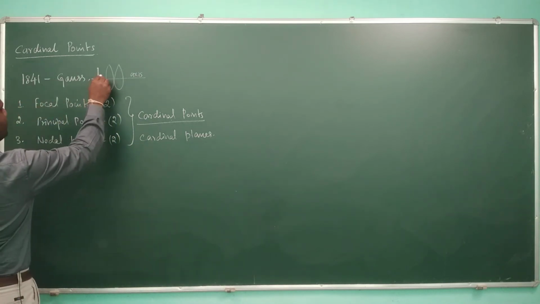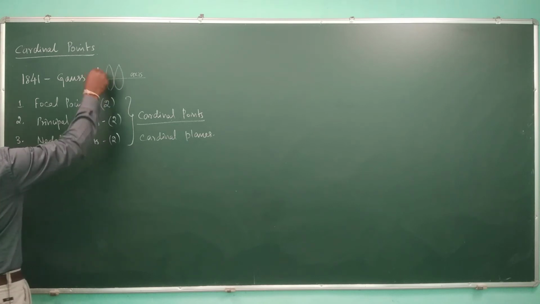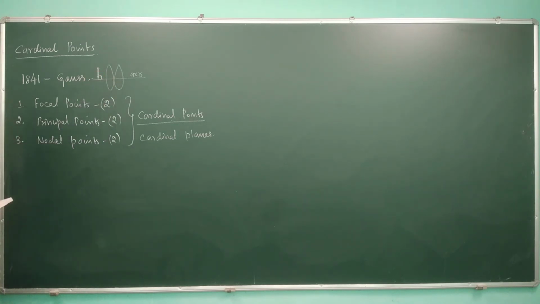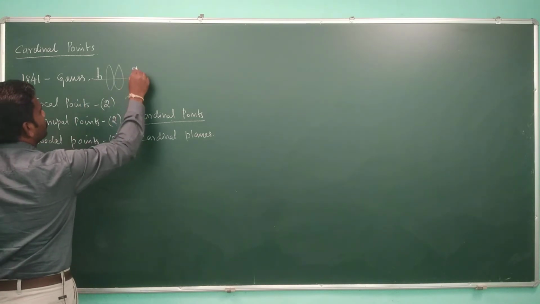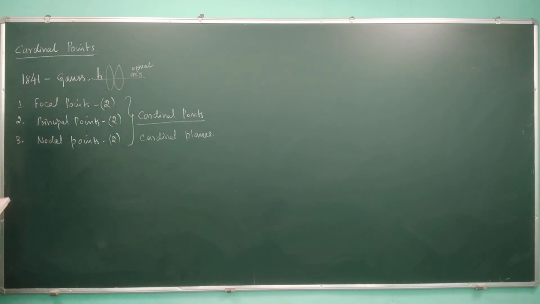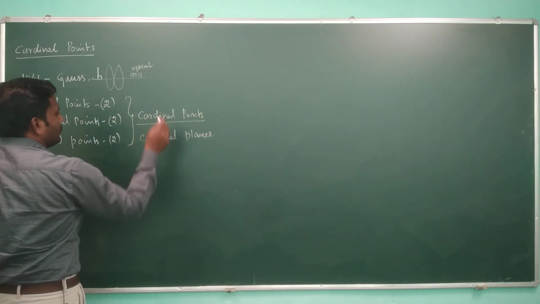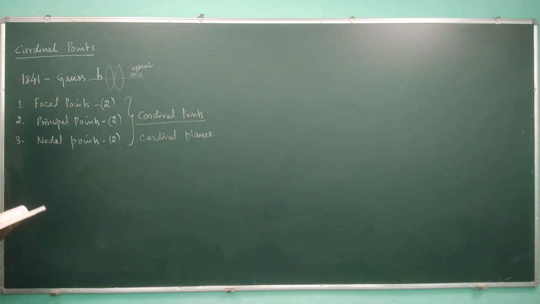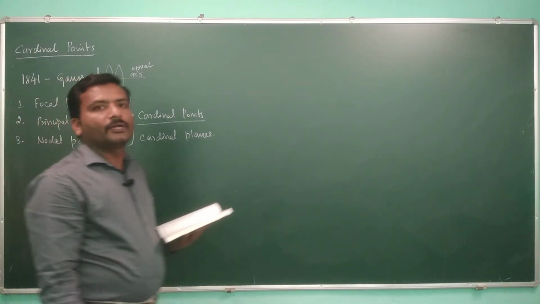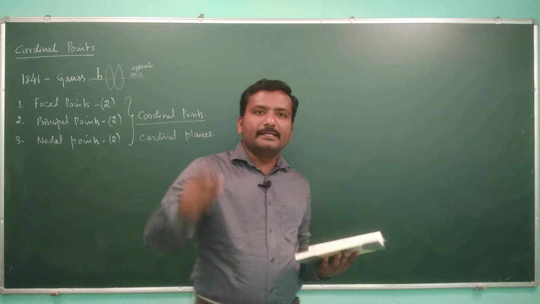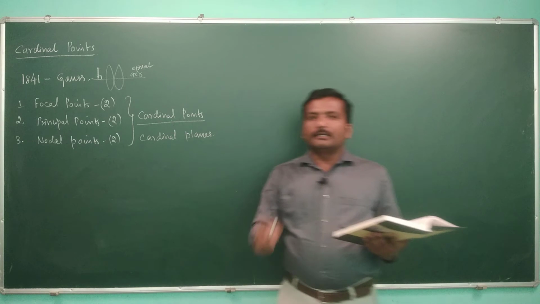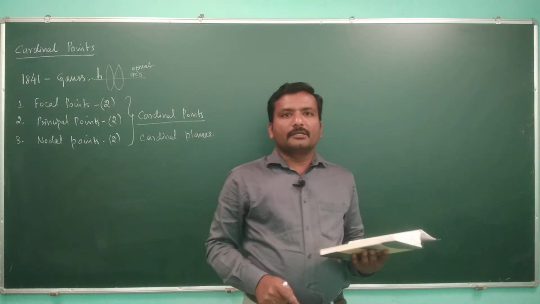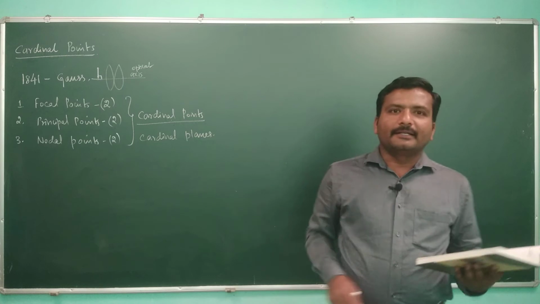The angle between the optical axis and this line will be 90 degrees, so cardinal planes are always perpendicular to the optical axis. Fine. These cardinal points and cardinal planes are an intrinsic property of a particular lens system, and they determine the image forming property of that lens system.